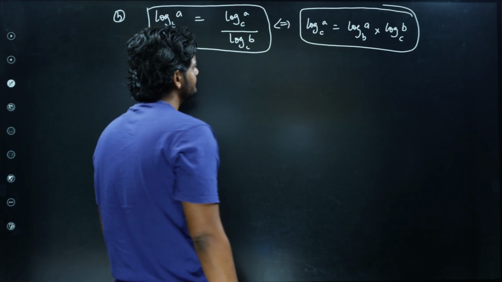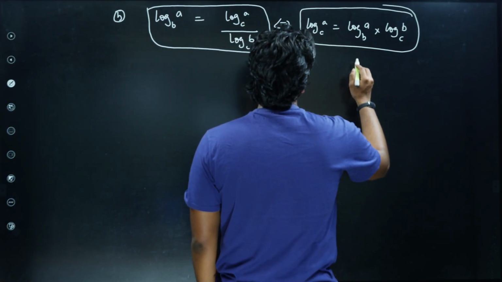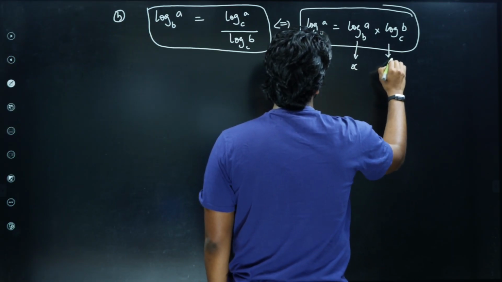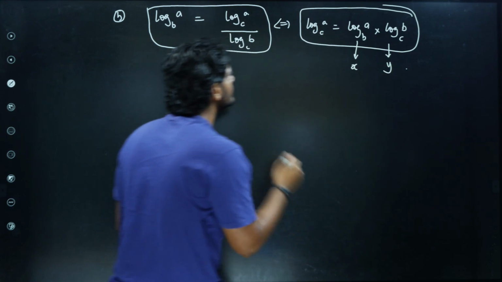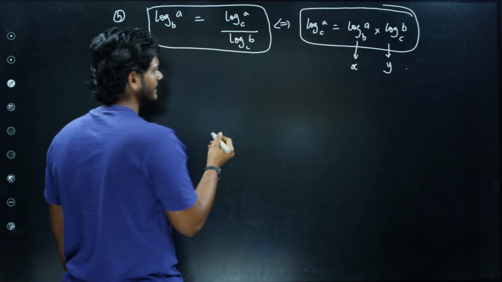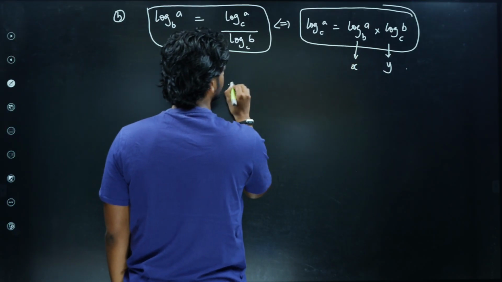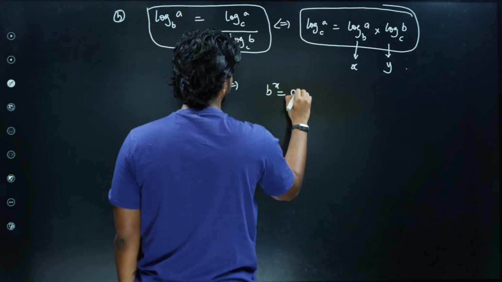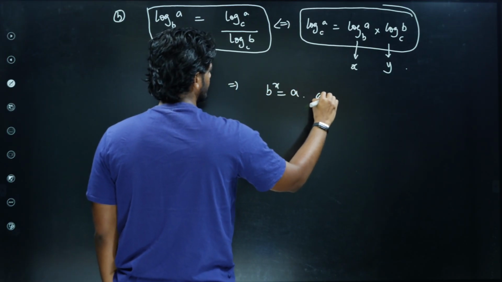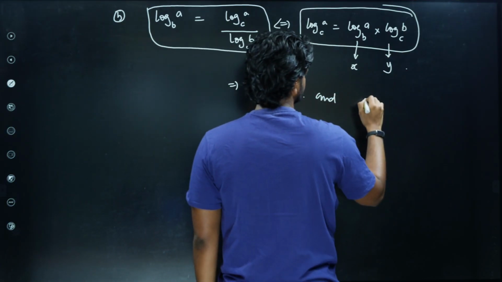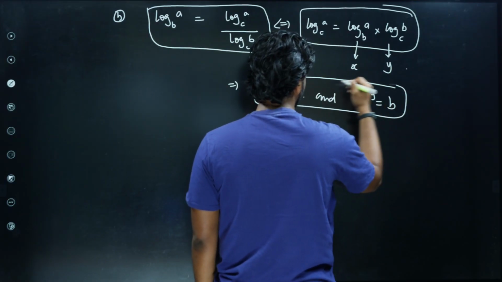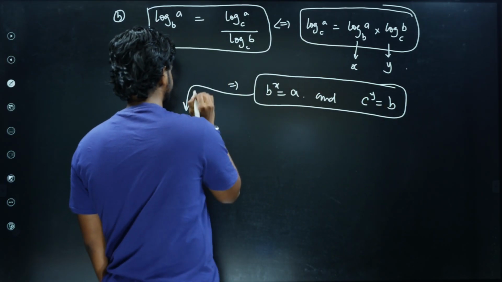So let's see. Let's say this is x and this is y. That is x would imply that b power x is equal to a and c power y is equal to b. From these two, what do we have?